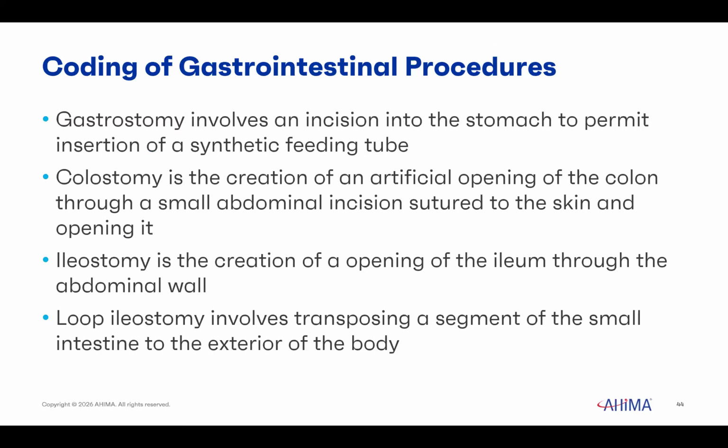Each involves altering a route of passage, if you will, for the GI contents. So the root operation is going to be bypass. And this slide kind of describes what they are. This is covered in a finer level of detail in your textbook as well.